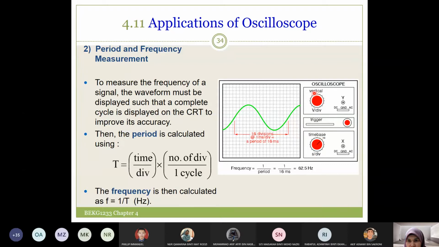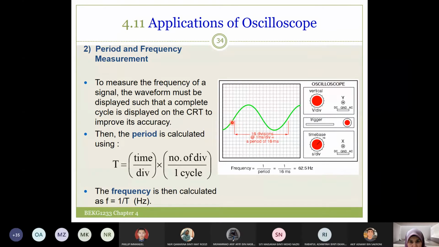The volt per division for the signal is what? Okay, not given, because we want to calculate the period only for this example.